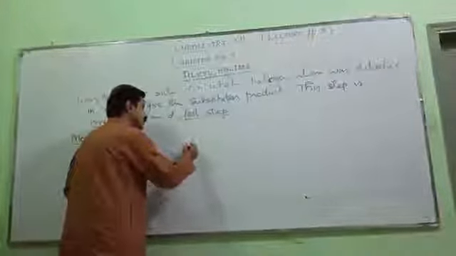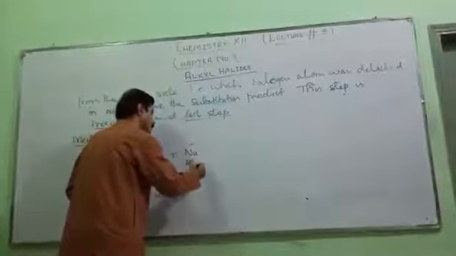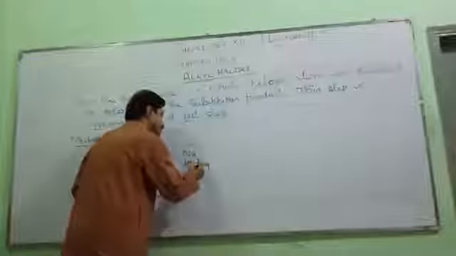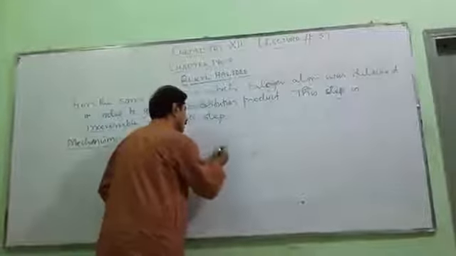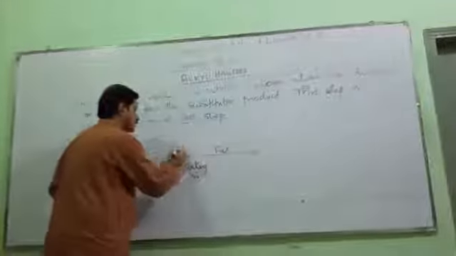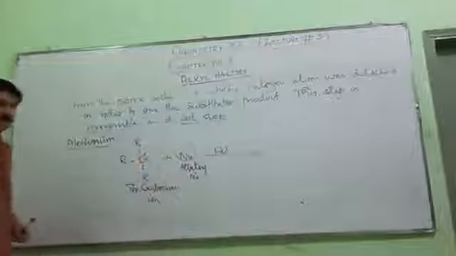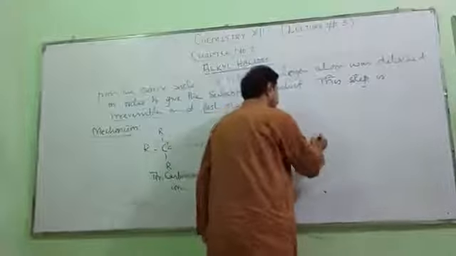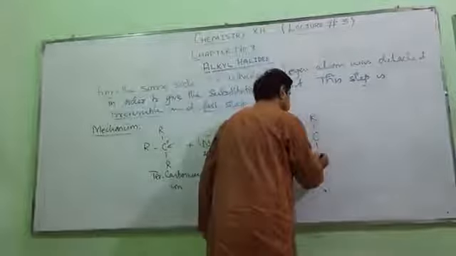This is the attacking nucleophile. Now this attacking nucleophile is free now to attack the carbonium ion from the same site to which halogen was moved, and the ultimate product will be the substitution product.